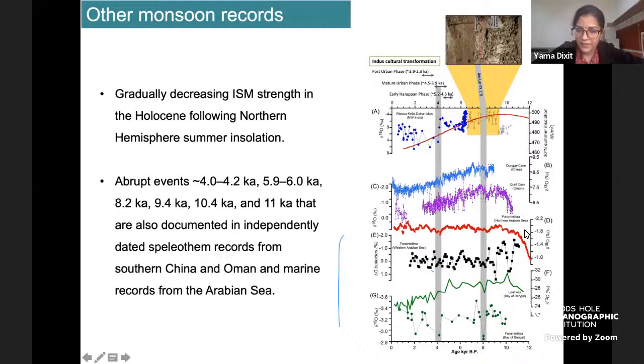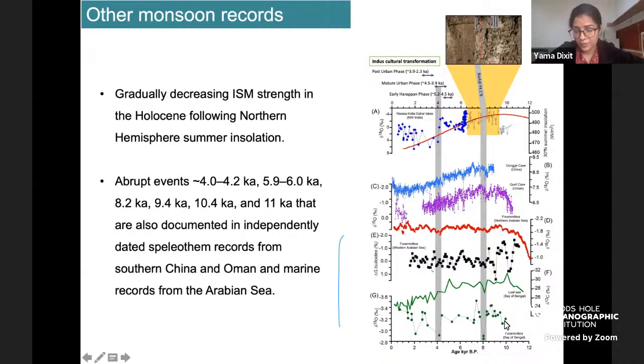And this record from the Arabian Sea is actually pretty flat, but I'll talk about this record in a later slide. And then there's also a leaf wax record from the Bay of Bengal, which is beautifully recording the insolation.